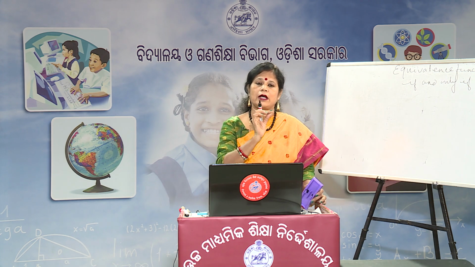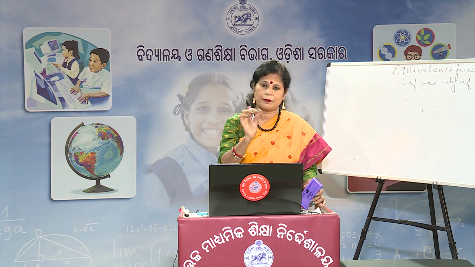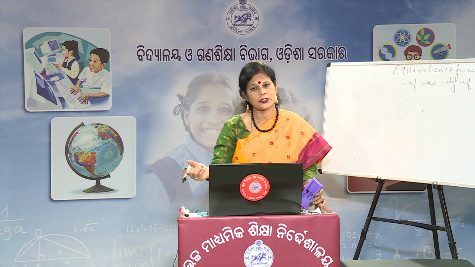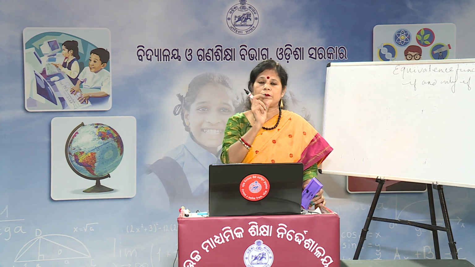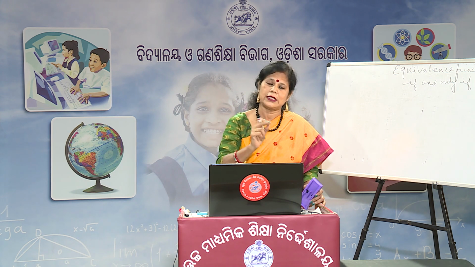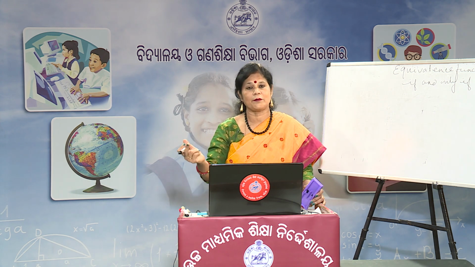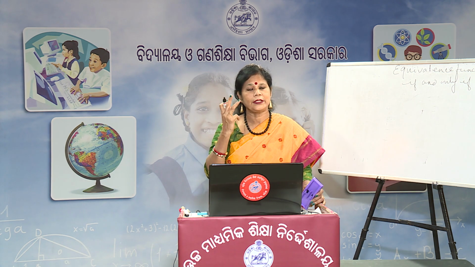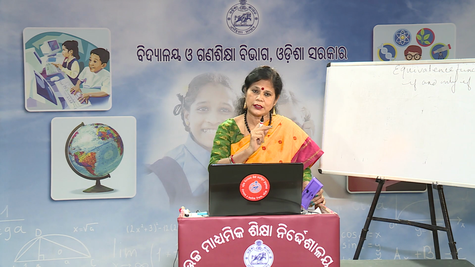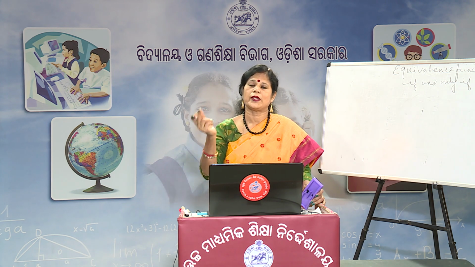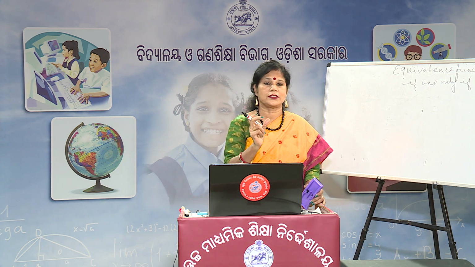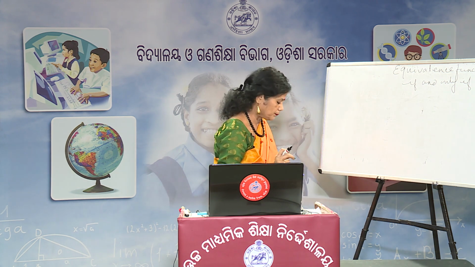So if Ram killed Ravan is true, then Ravan was killed by Ram also is true. If Ram killed Ravan is false, then Ravan was killed by Ram also will be false. Because meaning is same, if one is true, other is true. If one is false, other is false. Okay. So this is your equivalent function.